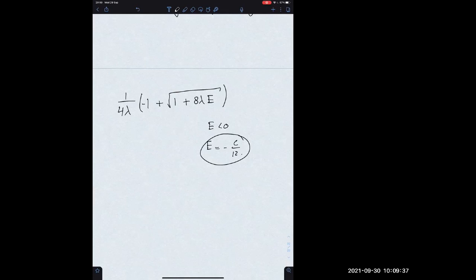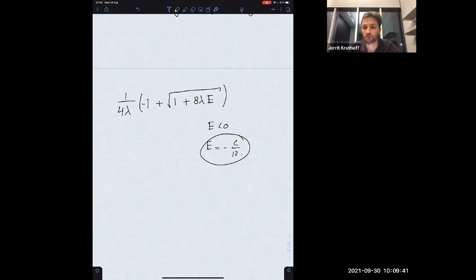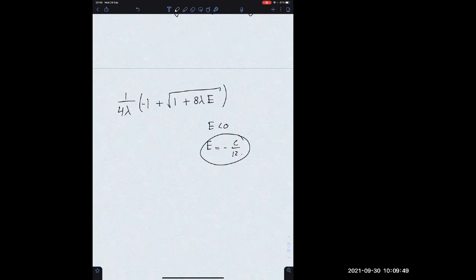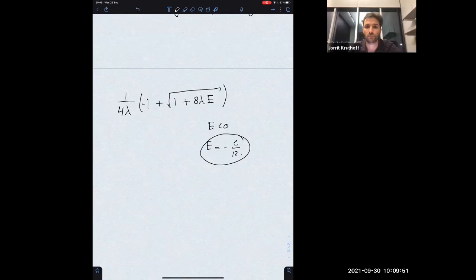In string theory we sometimes know how to deal with tachyons, or sometimes we have tachyon condensation, and I think it would be interesting to understand purely from the string perspective whether there's a way of understanding this complex energy, whether the tachyon condenses and the theory goes into some other phase.